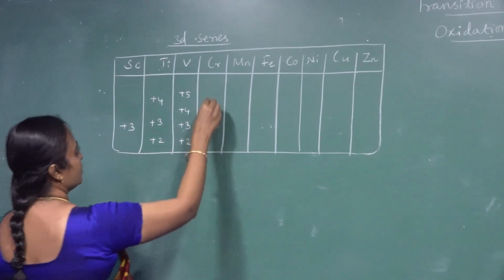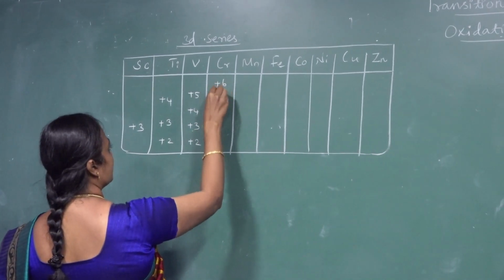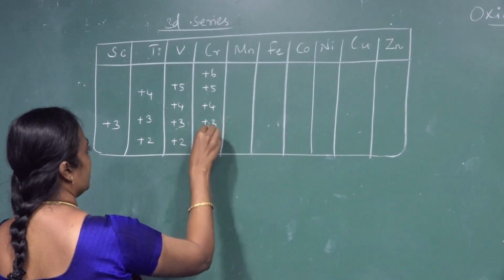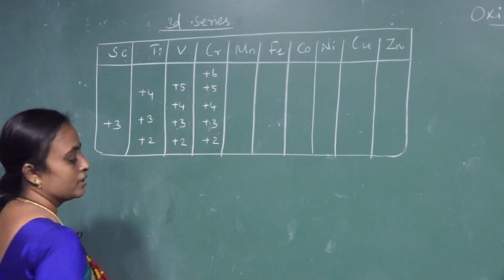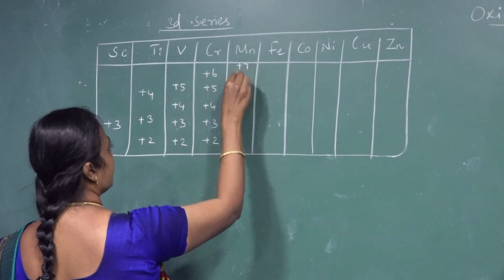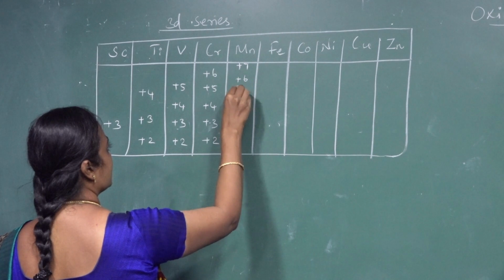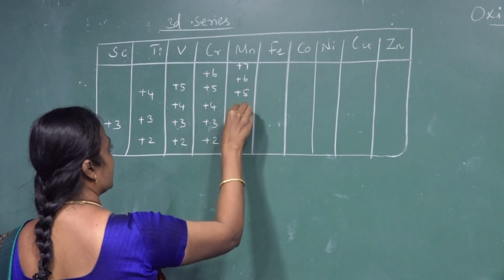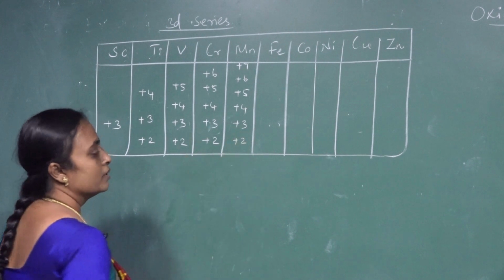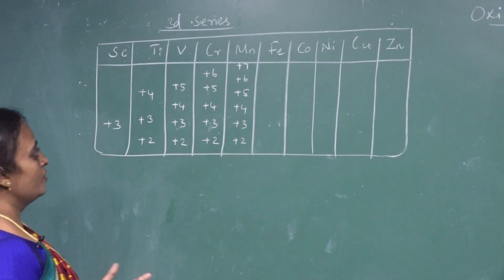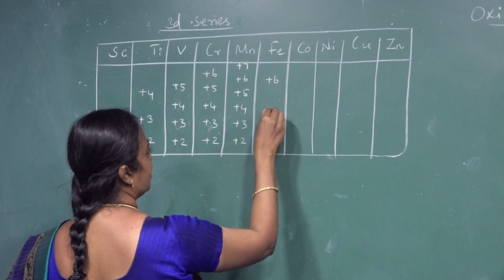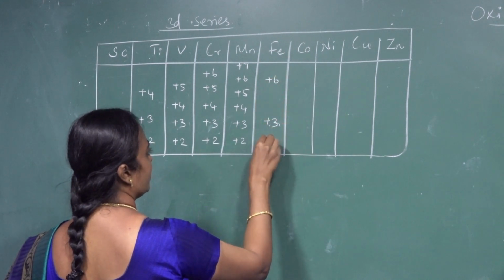For chromium, +6, +5, +4, +3, +2 states are possible. For manganese, +7, +6, +5, +4, +3, +2 are possible. For iron, +6 is possible, and +3, +2.